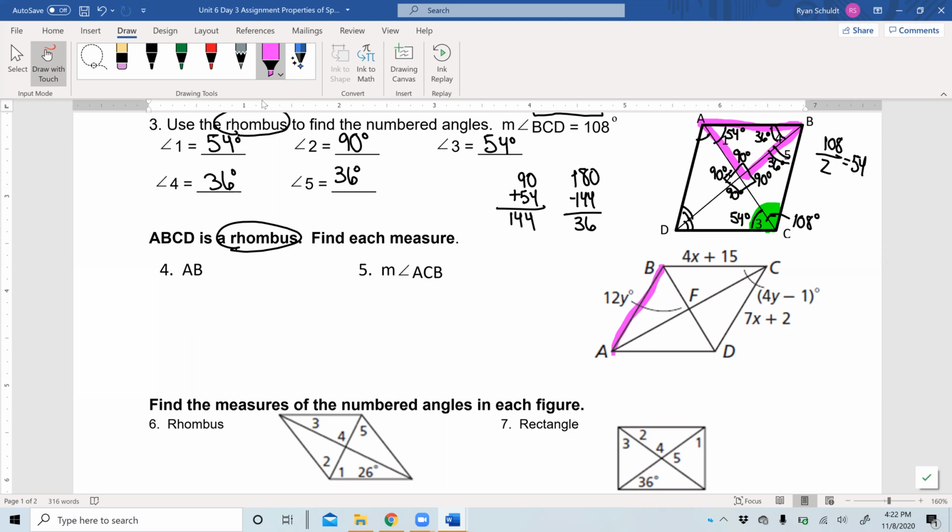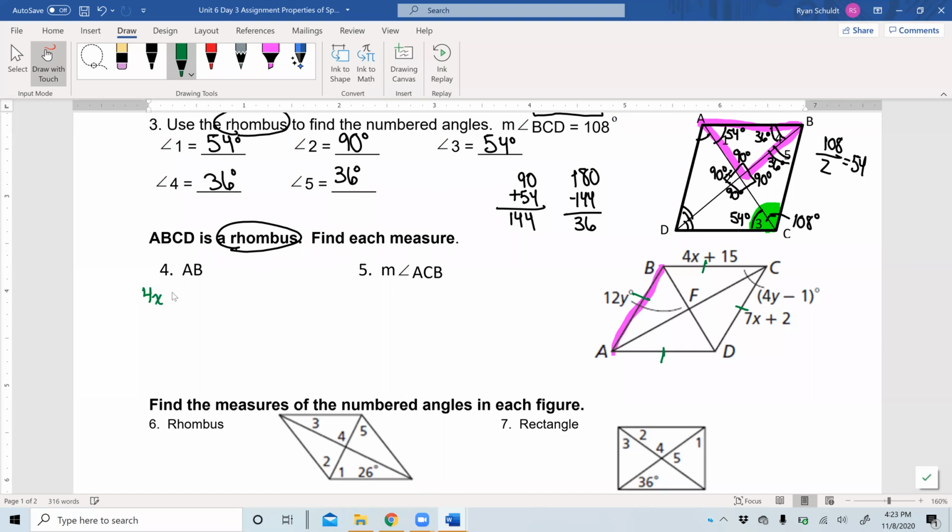What do I know about AB? Or what do I know about a rhombus, period? All the sides are the same. So to get AB, let me find X, and I can just plug X in.